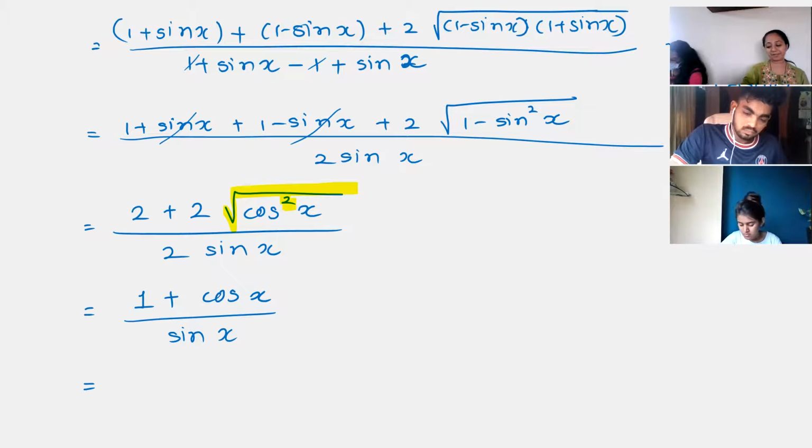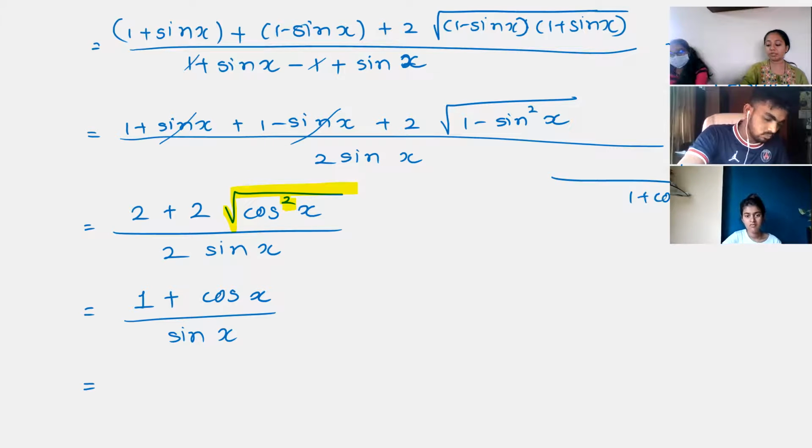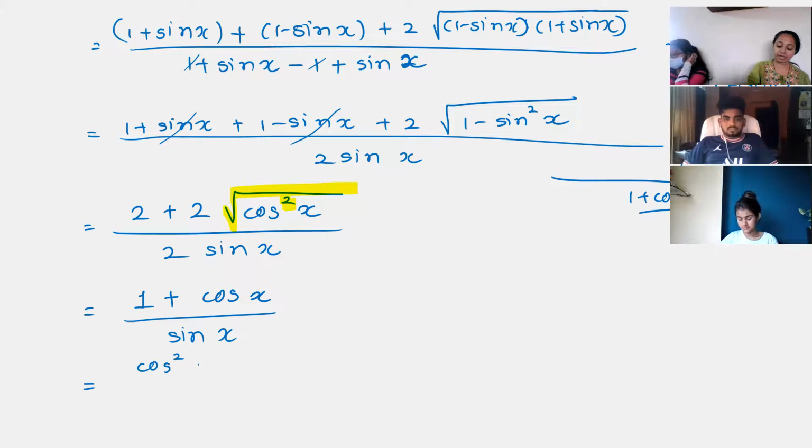If you remember the trigonometry, 1 plus cos x, I can write as, if you remember, (1 plus cos 2 theta) by 2 is cos squared theta. That means here I can write cos square of x by 2, because it's not 2x, it's x.